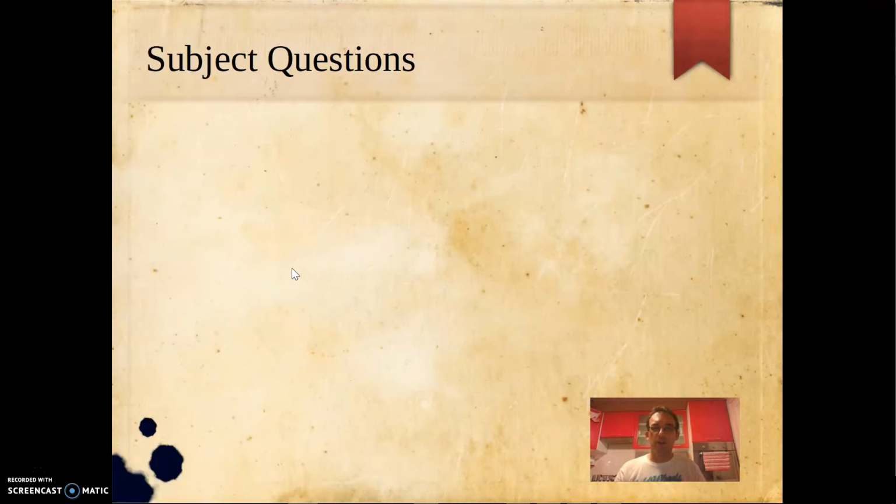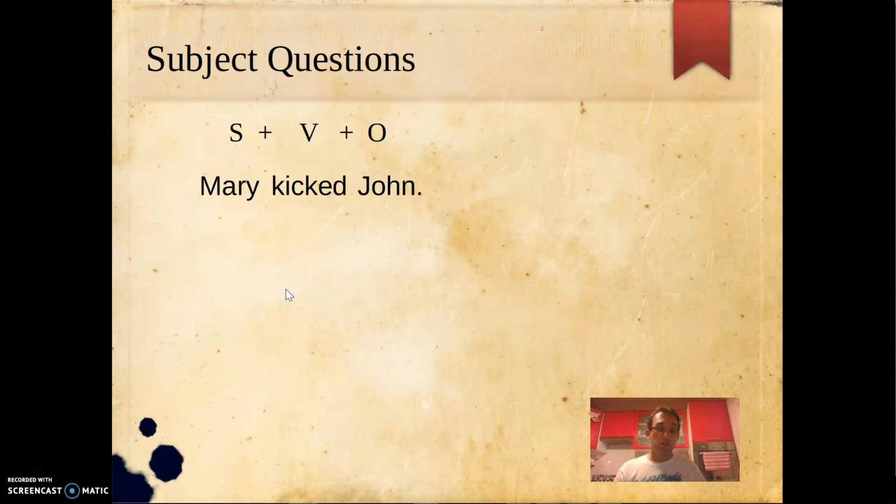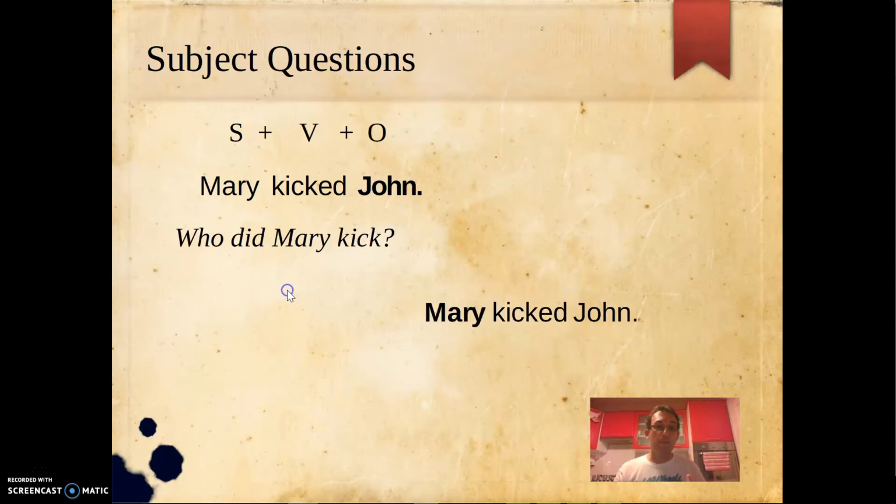Now, this part is slightly tricky, but for most of you, I think it will come naturally. In English, usually the sentences go like this. You have the subject, then the verb, then an object, and something else. So, Mary kicked John, right? Now, if you're asking about John, it's quite easy. Who did Mary kick? John, right? But what if you want to know about Mary?